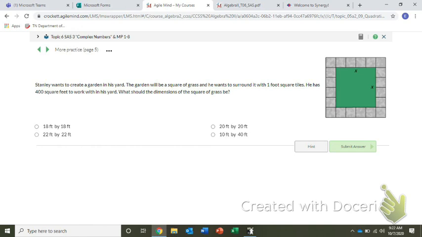How do you find the square feet of something? If I want to know the square footage of this room, or the square footage of your house, you're finding the what of your house? The area. So, 18 times 18.